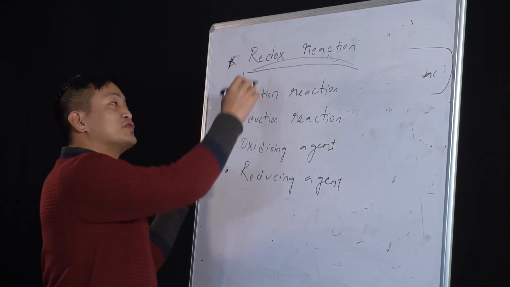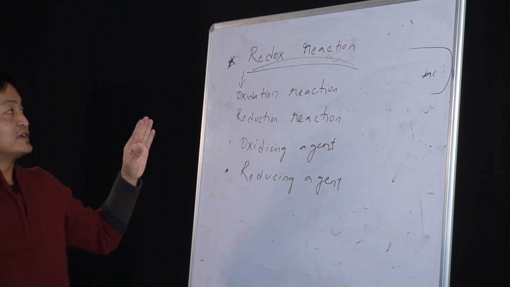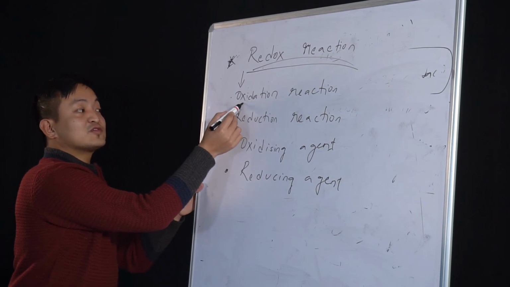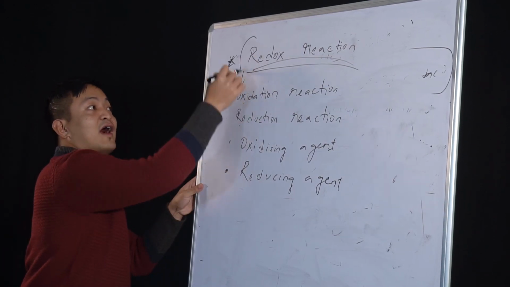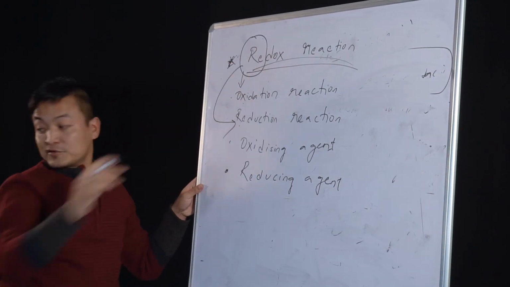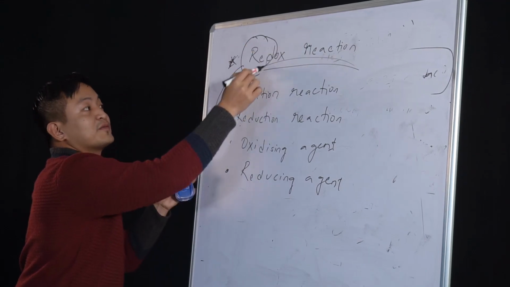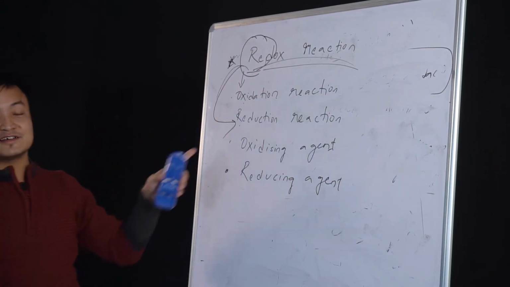So for redox reaction, the definition is very simple. Redox is derived from both oxidation and reduction. Red comes from reduction. Clear? It's related, right?